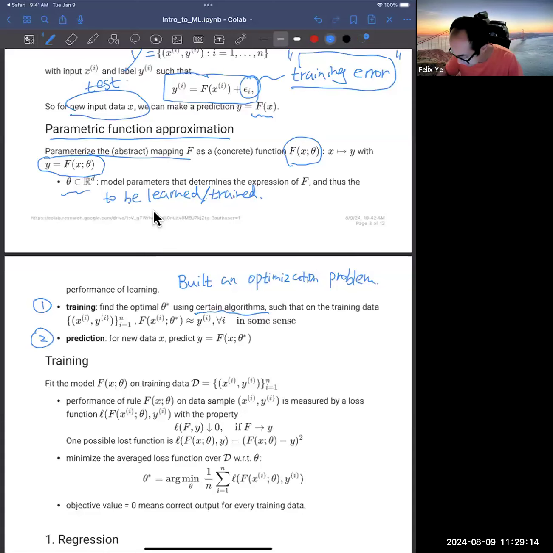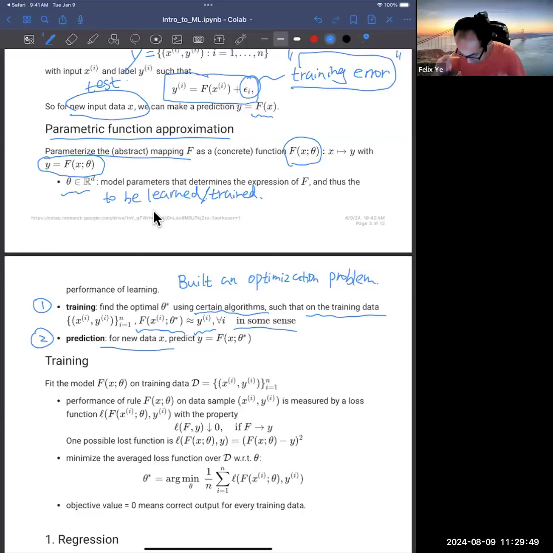And such that in some sense, for those training data that we have, we want our predictions f(xi, theta star) to be as close to yi as possible, close to the ground truth. So I'm finding the right optimal theta star.